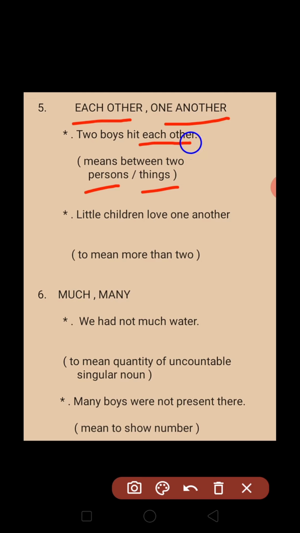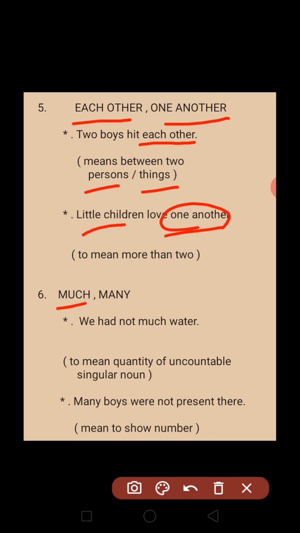So each other is used between two. And little children love one another, so it means more than two persons or things. So we say one another. I hope it is clear to you.